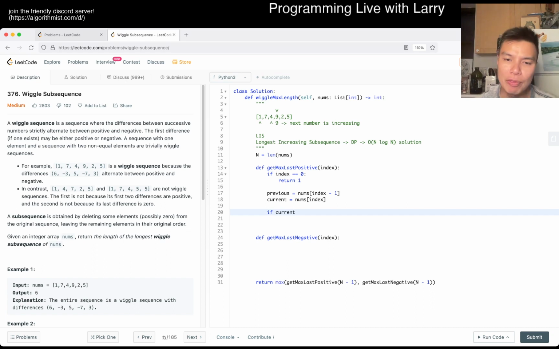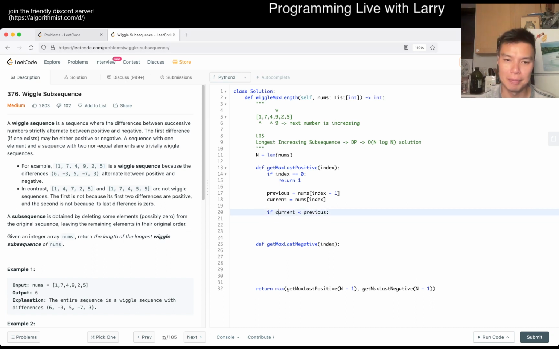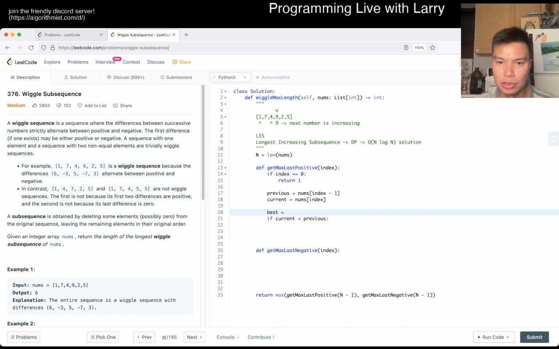But yeah, so now we want that if this is true, then yeah, let's see. Best is equal to 1 because we always have at least one item. If this is the case, then what happens, right? Then we want to take the current max or get max of last negative, because now we want to add an edge to it, right?